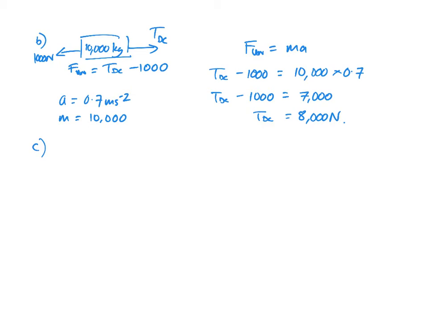Once again I'm going to go with the 2 carriages being pulled at the back, because it is a bit easier. You can do it the other way around, but I've got 2 carriages being pulled, so I've got 20,000 kilograms. Because it's 2 carriages, the friction is 2,000 newtons, and we're being asked about the tension in the coupling BA.